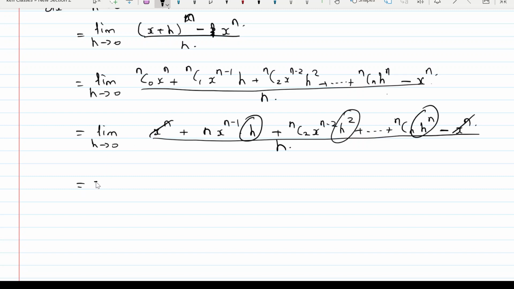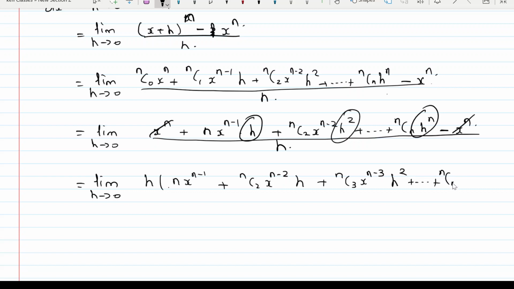So I can take h common and I'll have limit as h tends to 0 h into nx raised to n minus 1 plus nc2 x raised to n minus 2 h plus nc3 x raised to n minus 3 h square, so on till you get ncn h raised to n minus 1, divided by h. Okay, so this h and h cancels, the reason being h is not equal to 0.